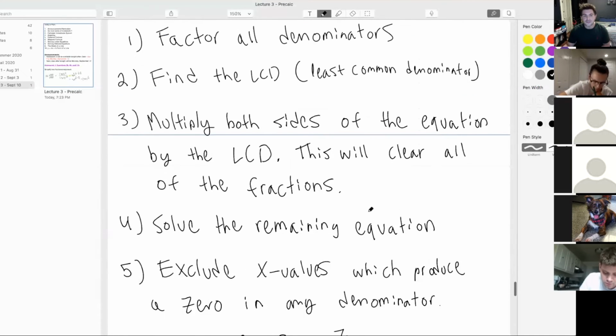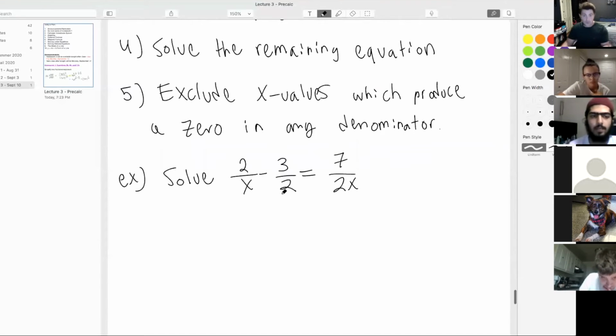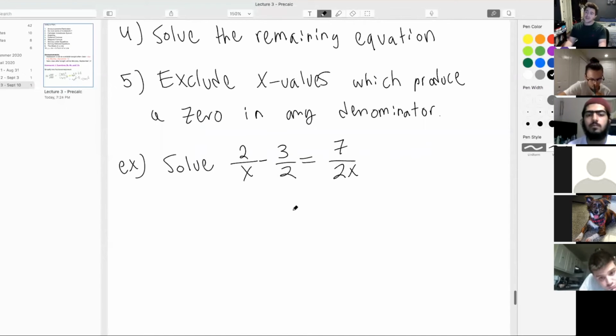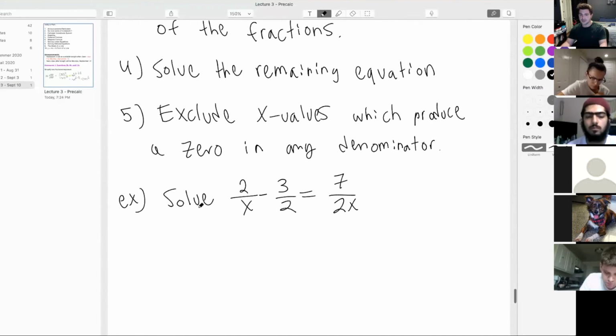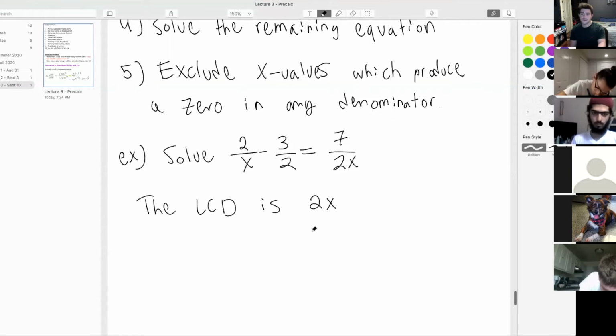Okay, so the first step was to factor all of the denominators, but they're already factored, okay? So the next step would be to find the LCD, the least common denominator. Okay, so the LCD, it should be kind of clear. The LCD is simply 2x, okay?